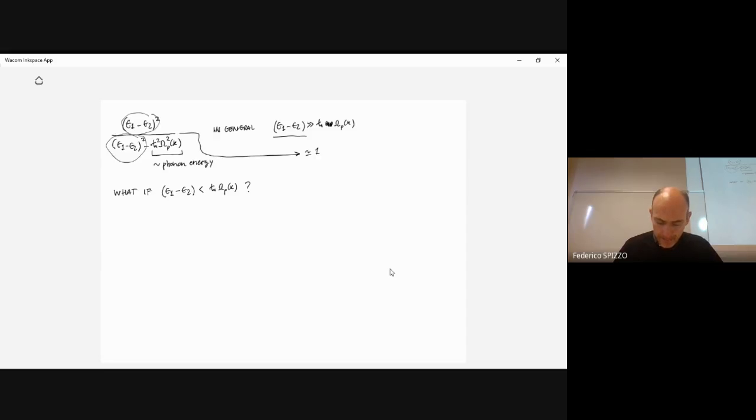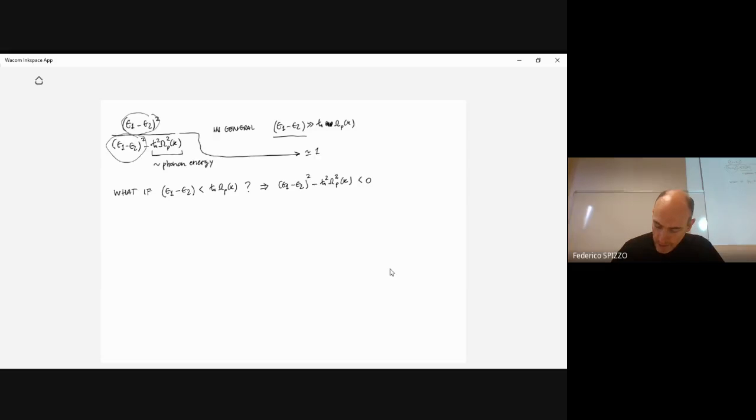In that case, (E1 minus E2) squared minus H bar squared omega P squared is smaller than zero.